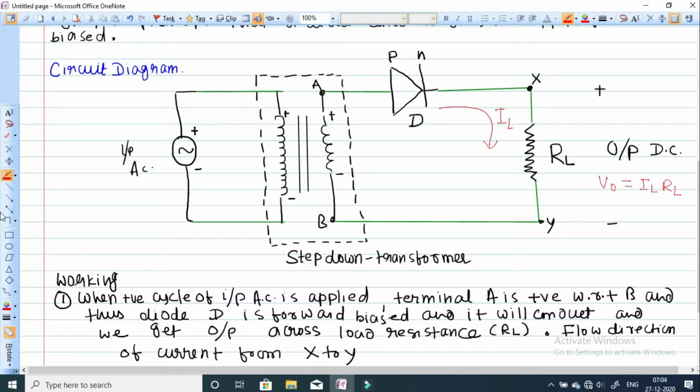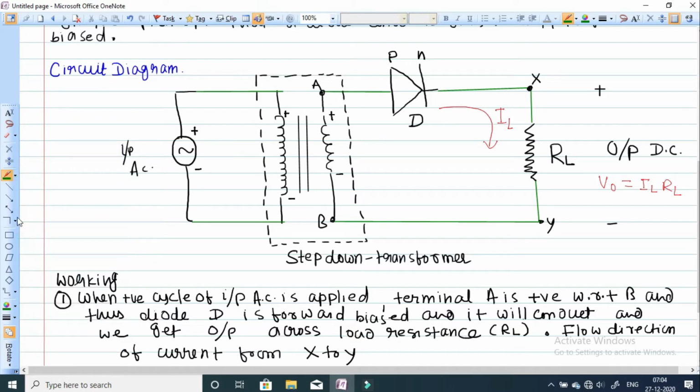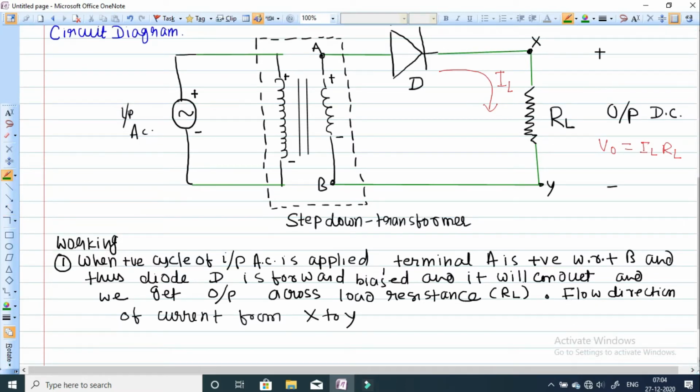Now we will see about the negative half cycle. Point number 2, when the negative half cycle of input AC is applied, we will see what will happen.